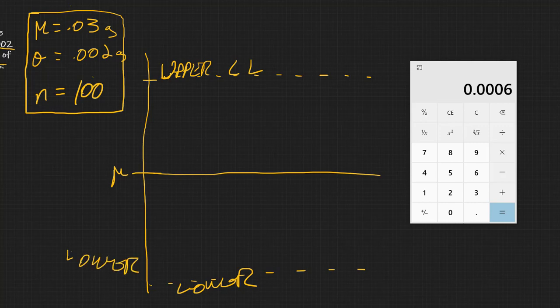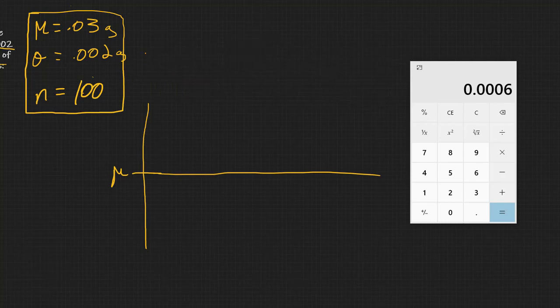I know what the answer is going to be, so let me do something that's going to make it easier for us later. Let me stretch this out further, and put the upper control limit here and the lower control limit here. And then let's do some calculations.